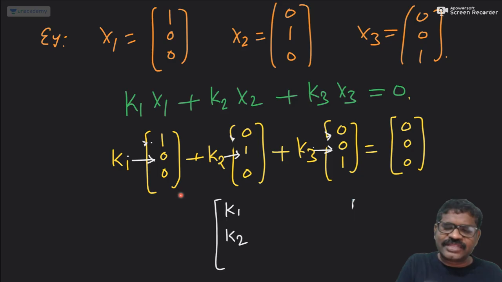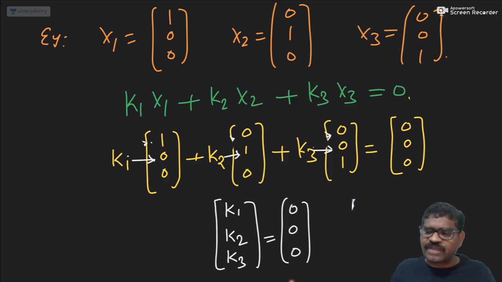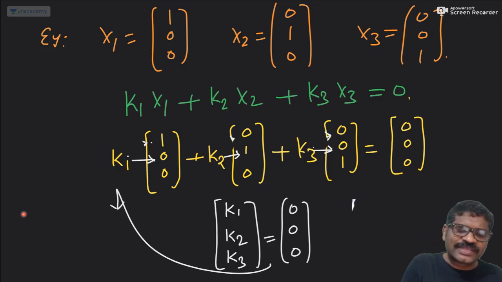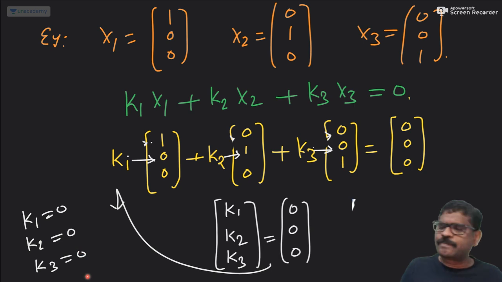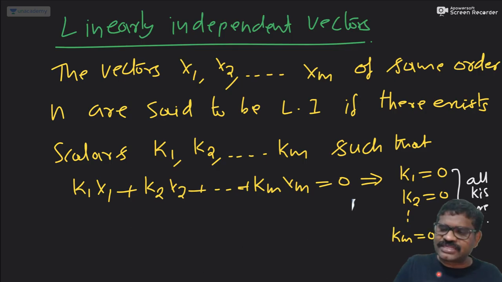Third entry: 0 plus 0 plus K3, K3, equal to 0, 0, 0. If you equate LHS with RHS, what is the conclusion? The conclusion is K1 is 0, K2 is 0, K3 is 0. Therefore, all the scalars are 0. Therefore, the vectors are linearly independent. Therefore, x1, x2, x3 are linearly independent. That is the definition. Okay.